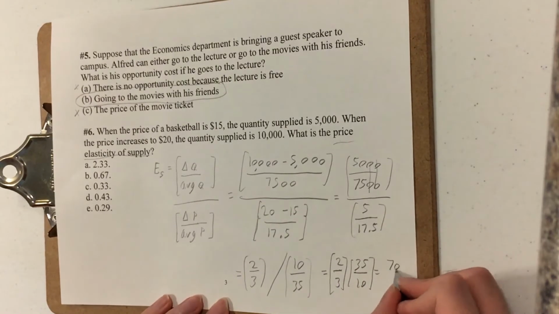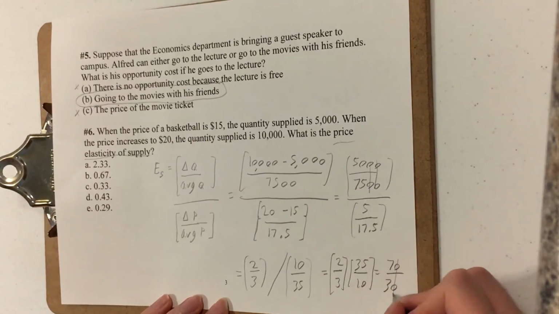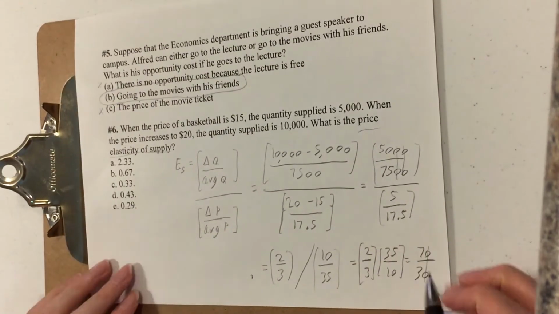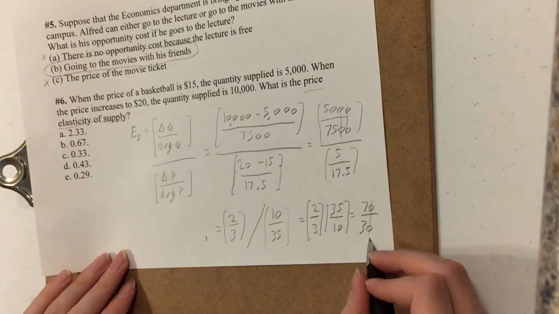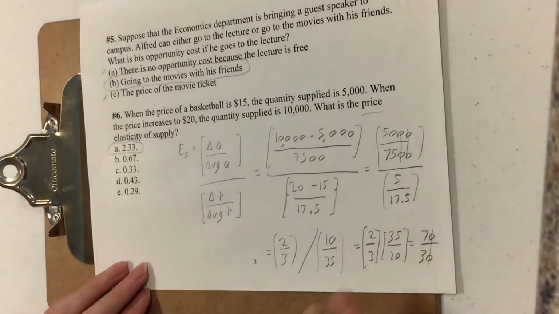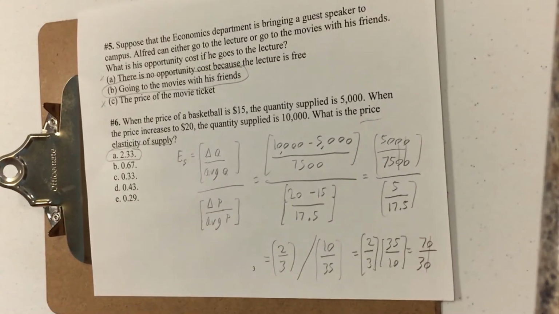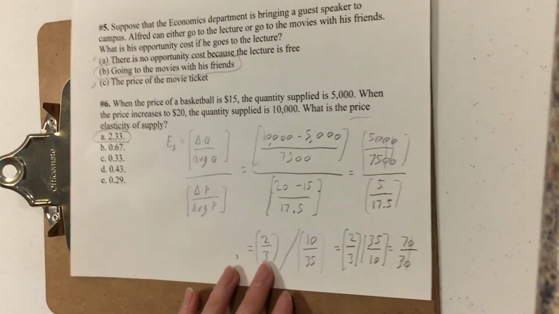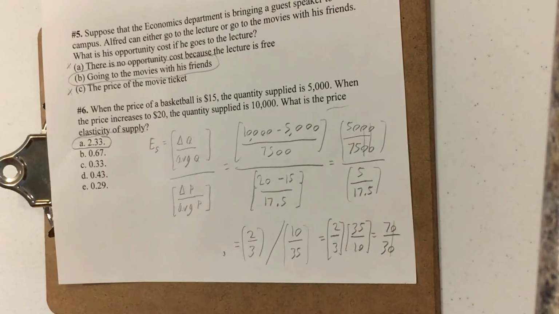So that'd be 70 over 30, which is 7/3. And 7/3 is roughly 2.33. I guess we're rounding a little bit. So that's how you would solve that one. So know the formulas for elasticity and then plug in the numbers and you got number 6.